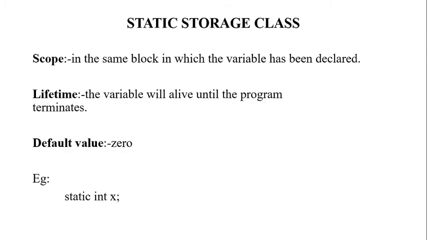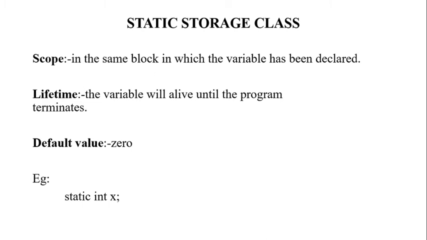Then next is the static storage class. In the case of static storage class, the scope of a static variable is the same block in which the variable has been declared, the same as automatic storage class.